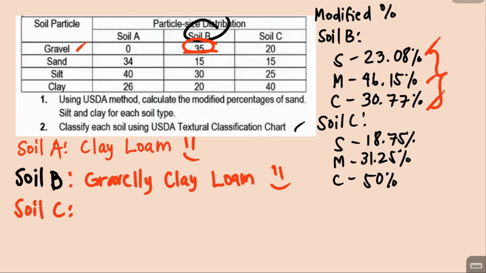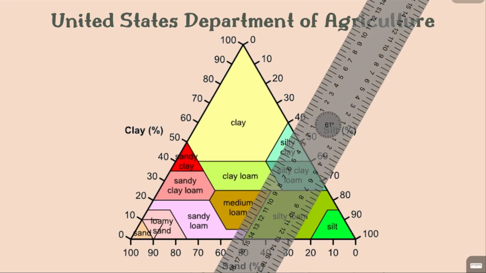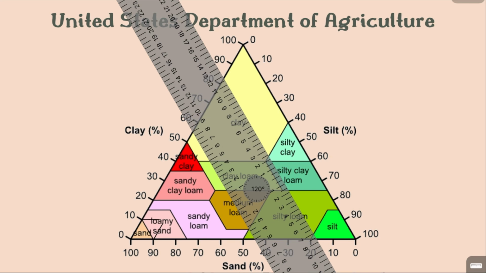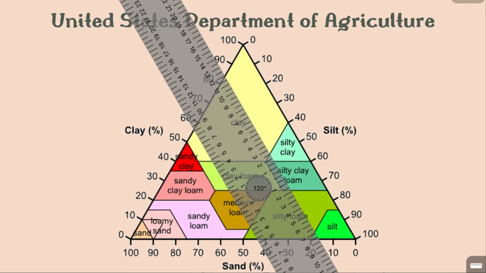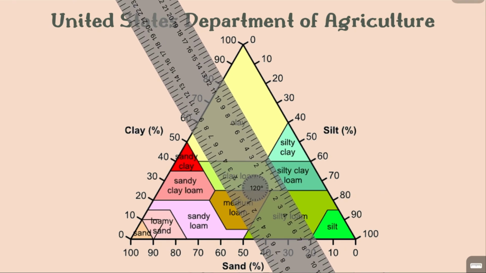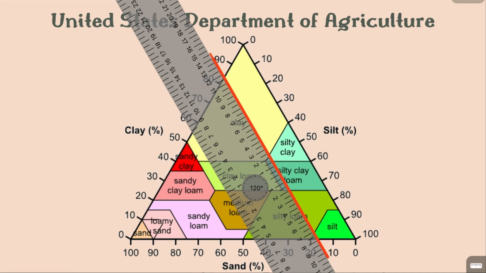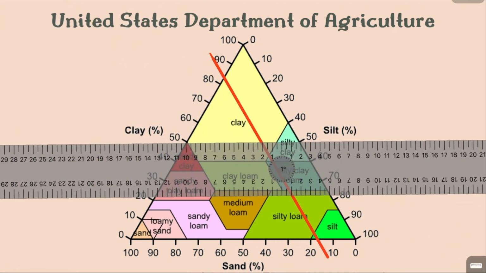For soil C, let us graph the modified percentage first. For sand, we have 18.75%. 18.75% is right about here. Let us draw a solid line. Then moving on to clay, that's about 50%. 50% is right about here.